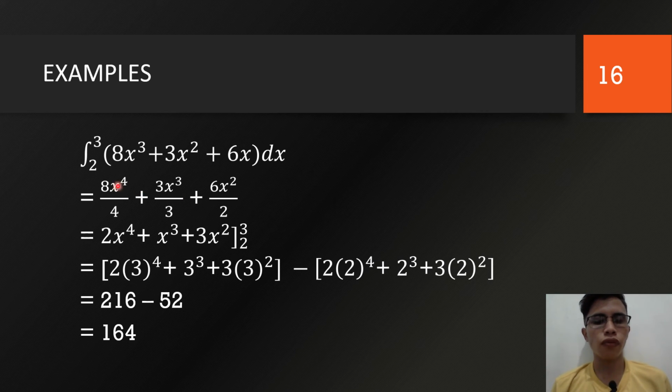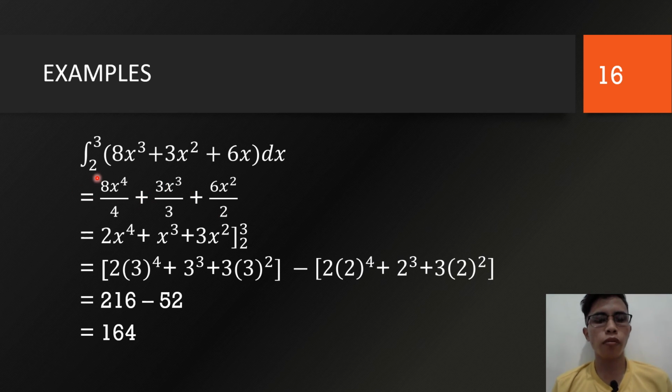Okay, let's have last example. So if we're going to integrate 8x cubed plus 3x squared plus 6x dx, evaluated from 2 to 3, so we're using what property?